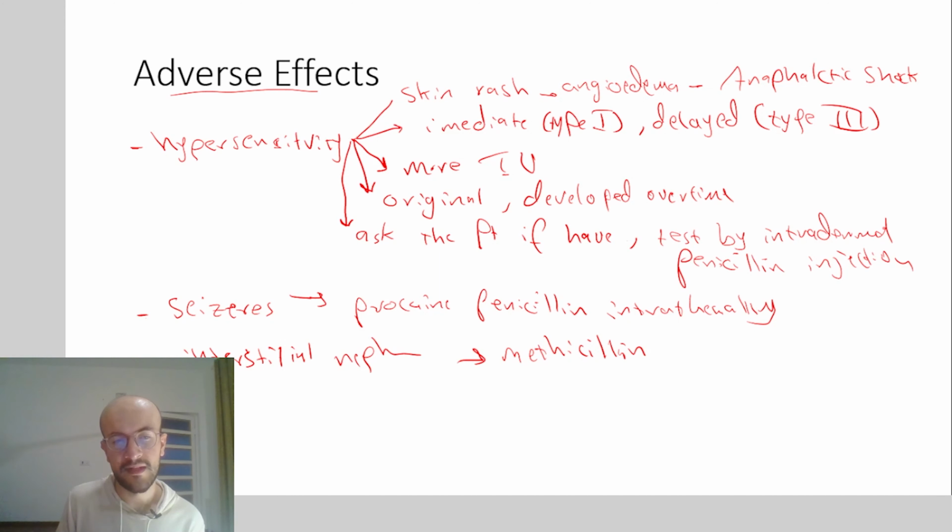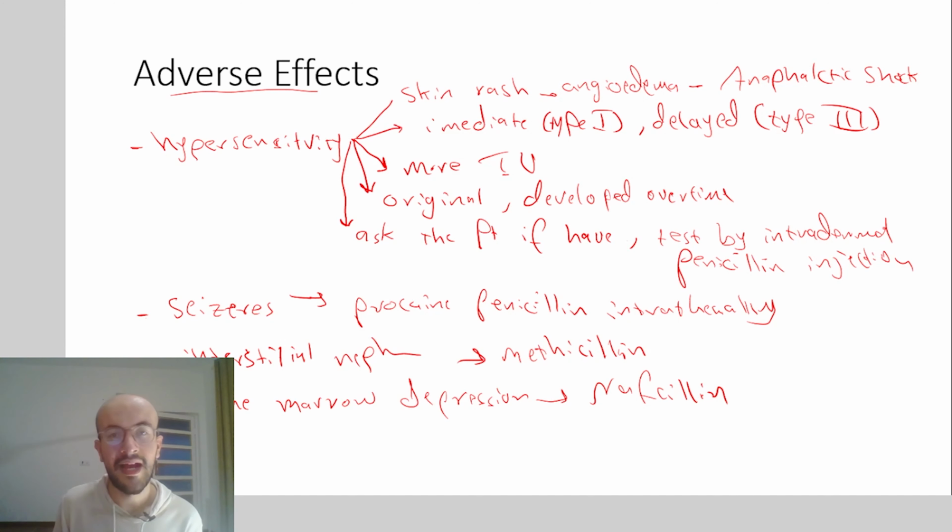Also, there might be bone marrow depression, and that's with nafcillin. And we might get hepatotoxicity with the administration of clavulanic acid in drugs like co-amoxiclav.